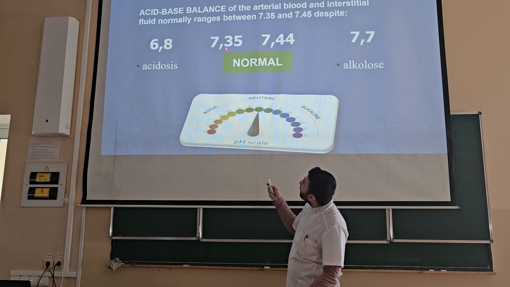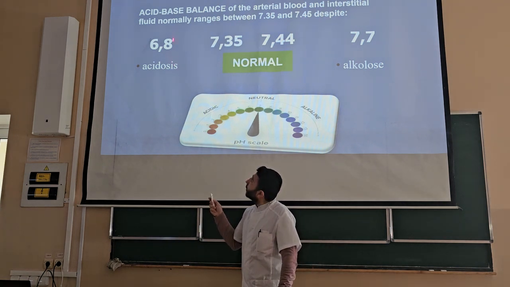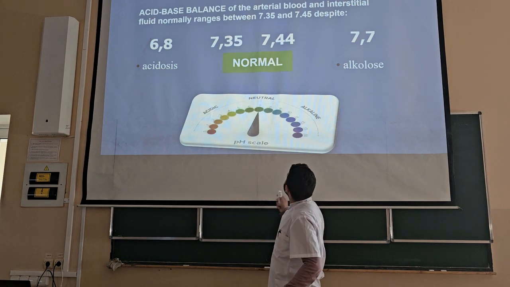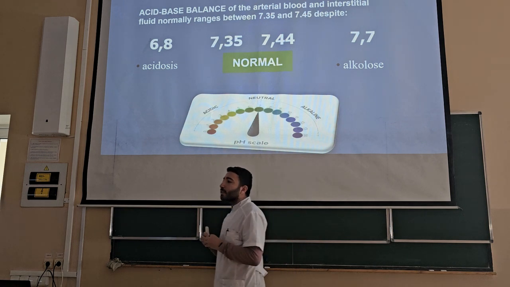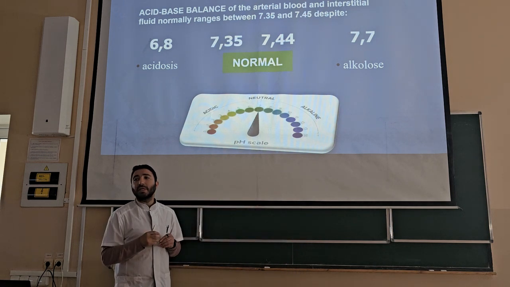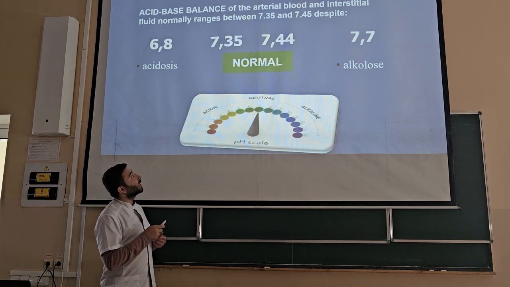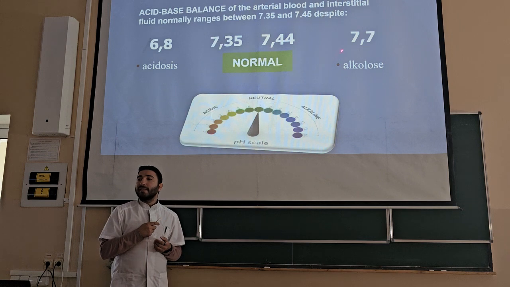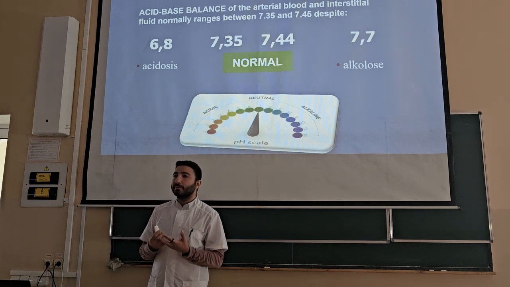If it is less than 7.35, the medium of the blood or the biological liquid will turn into acidosis. As well, if the medium in the environment, blood, or any biological liquid becomes more than 7.45, we can tell this medium is an alkalosis.